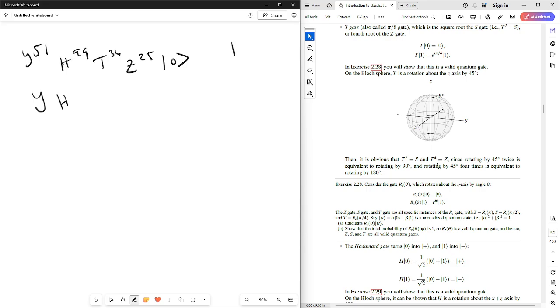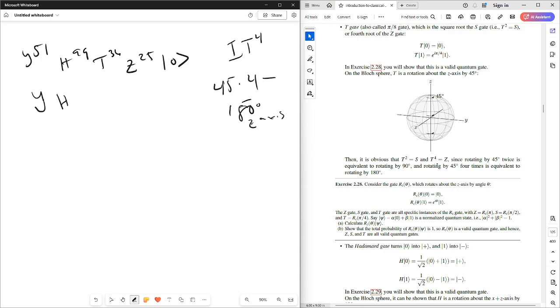So we've got an identity and then 4 T gates. A T gate is a 45 degree rotation. If we're applying a T gate 4 times, that's 45 times 4, which is 180 degrees. And what do you know? That's actually just a Z gate, right? A Z gate is a 180 degree rotation around the Z axis.